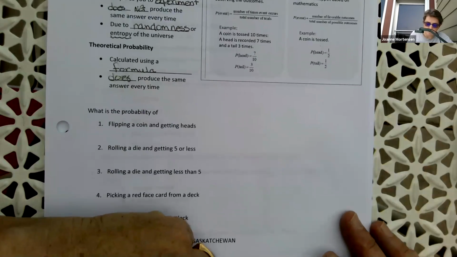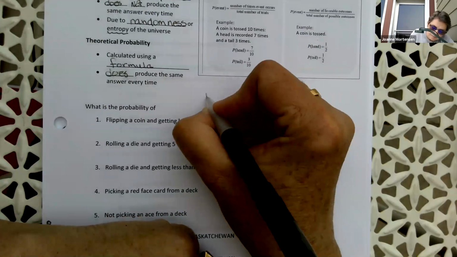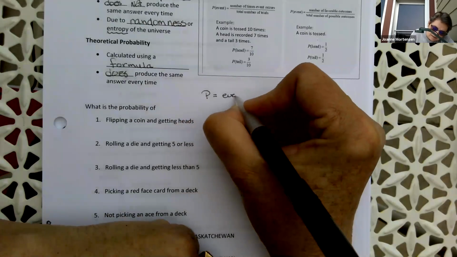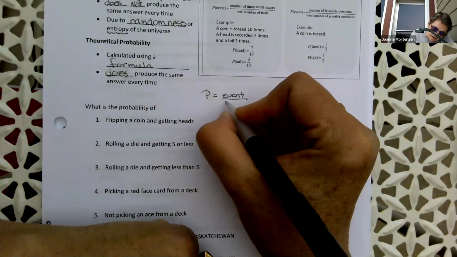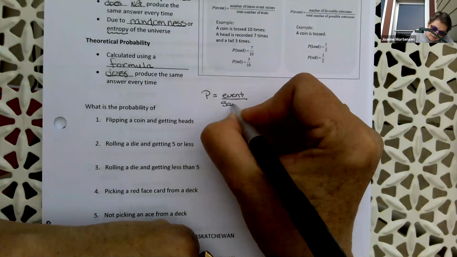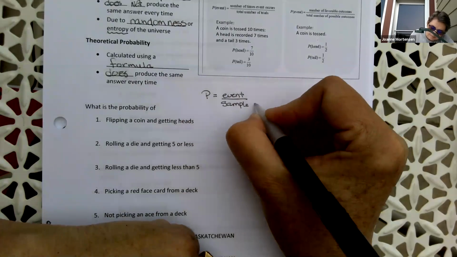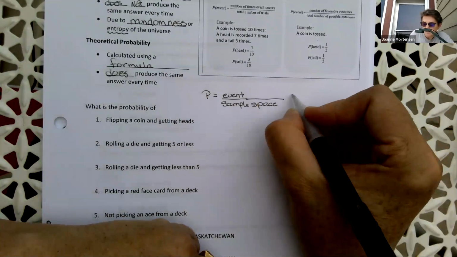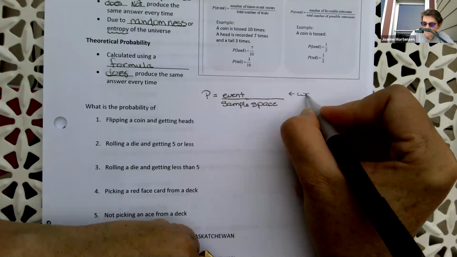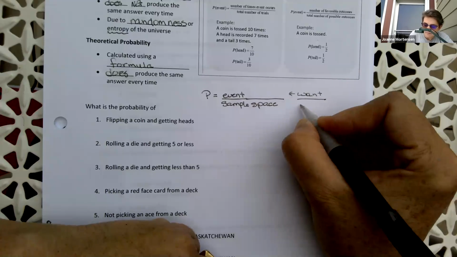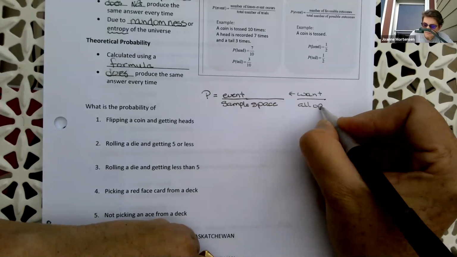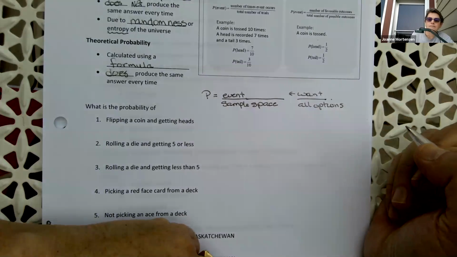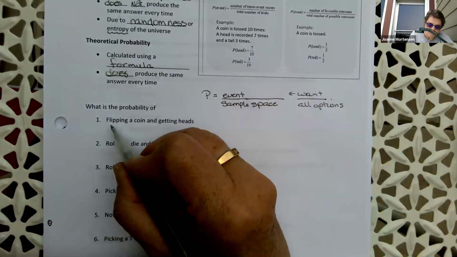All right, so if you remember, probability is equal to the number of things in your event over the number of things in your sample space. So this is what you want, over all options. Okay, so flipping a coin and getting heads.